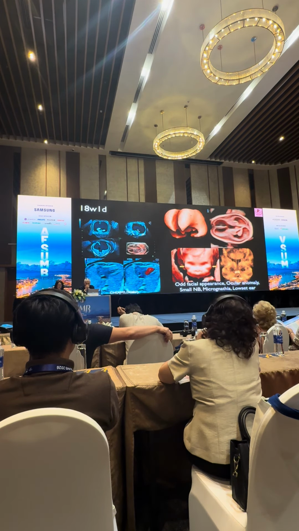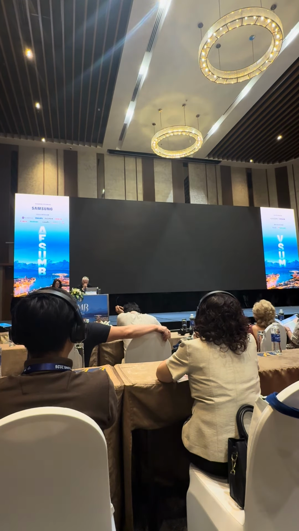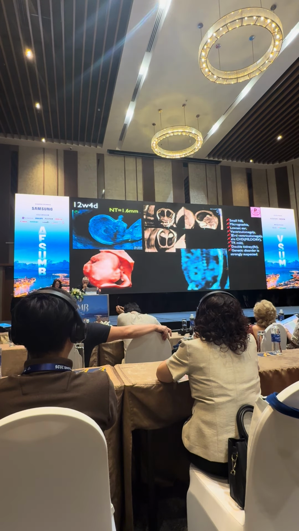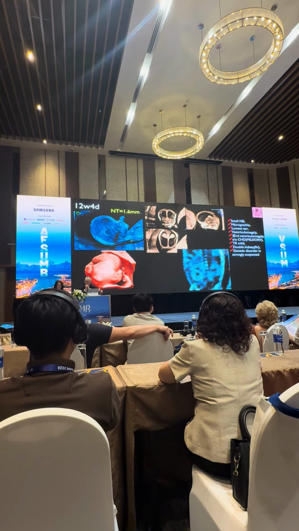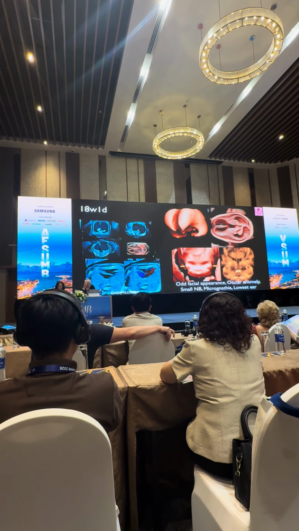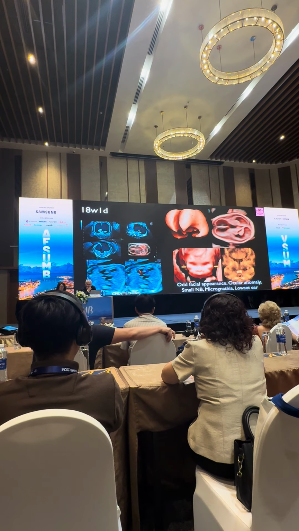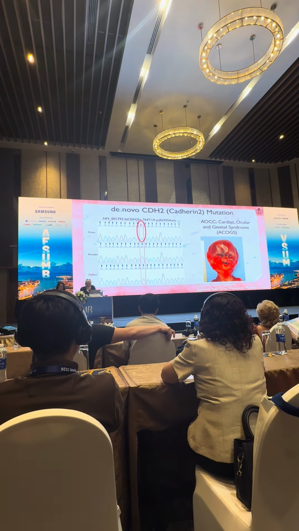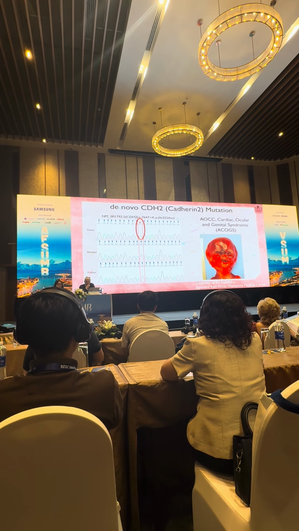Okay, and this is a case that I previously told you about at 12 weeks, and later on at 18 weeks of gestation, the ventriculomegaly is getting worse and worse, and finally this is the de novo CDH2 variant.